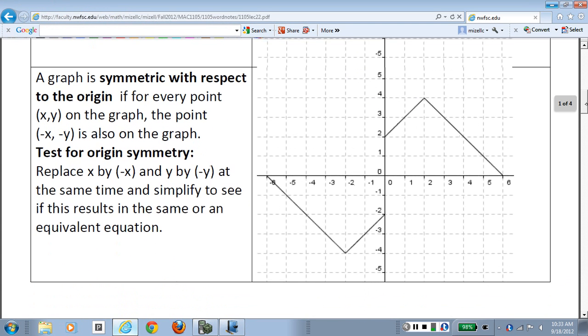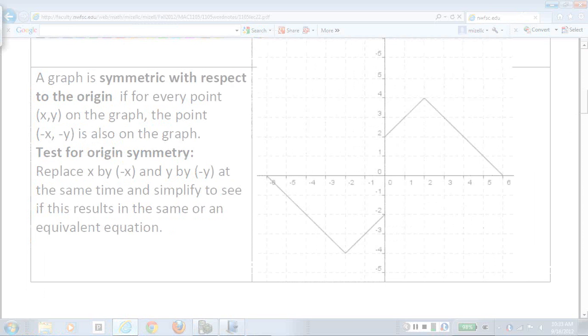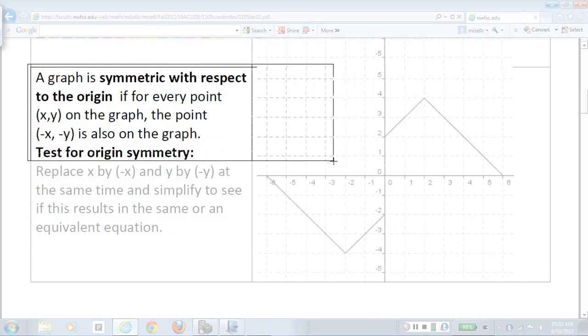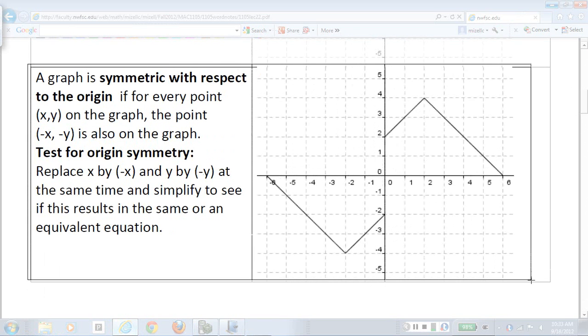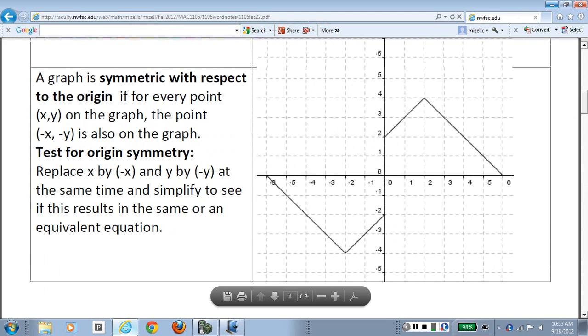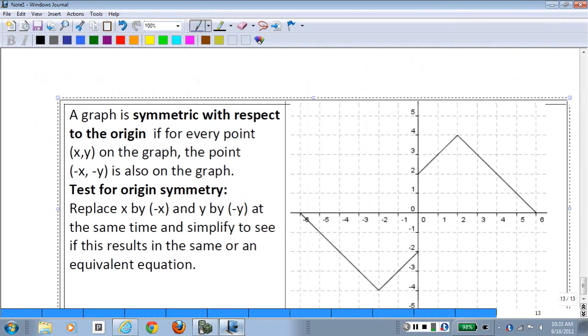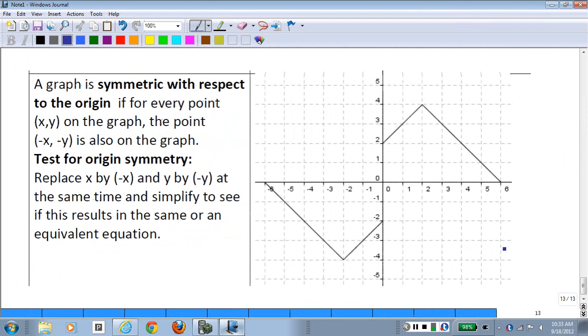But origin symmetry, a different kind of vibe, I think, since it involves a single point, symmetry about a point, rather than symmetry about a straight line. A graph is symmetric with respect to the origin if, for any point (x, y) on the graph, its image, what is the image of (x, y) with respect to the origin?